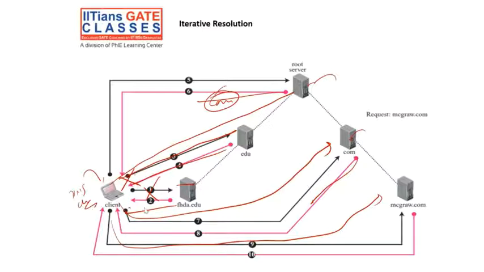This is how we search our IP address corresponding to the domain name. Guys, say yes or no. Right? Simple: iterative and recursive.